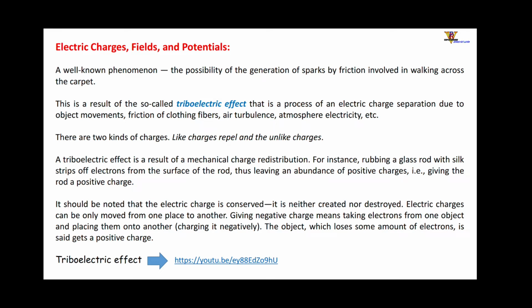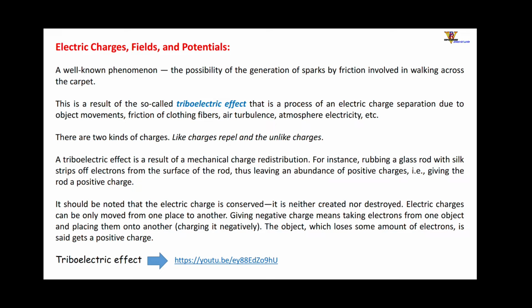This separation of charge is known as the triboelectric effect. It should be noted that electric charge is conserved always. It can neither be created nor destroyed. Electric charges can only be moved from one place to another, like from the glass rod, some electrons move to the silk, leaving some positive charge on the glass rod.